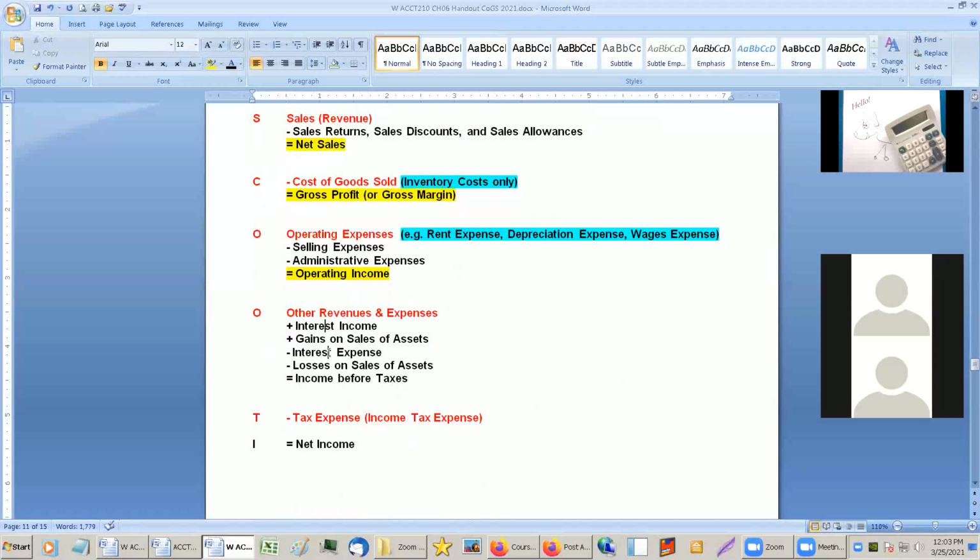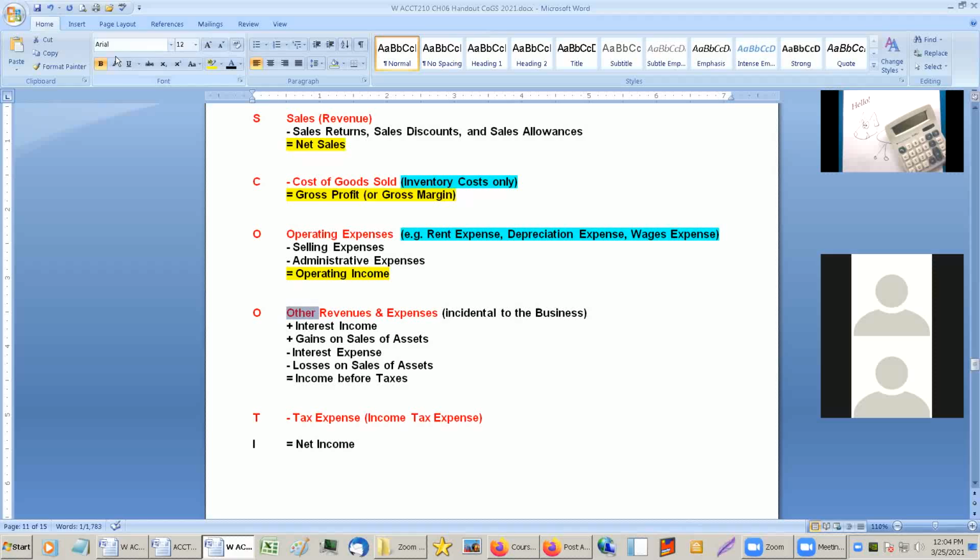Other revenues and expenses, these are kind of the examples we usually have. These are things that are known to be incidental to the business.